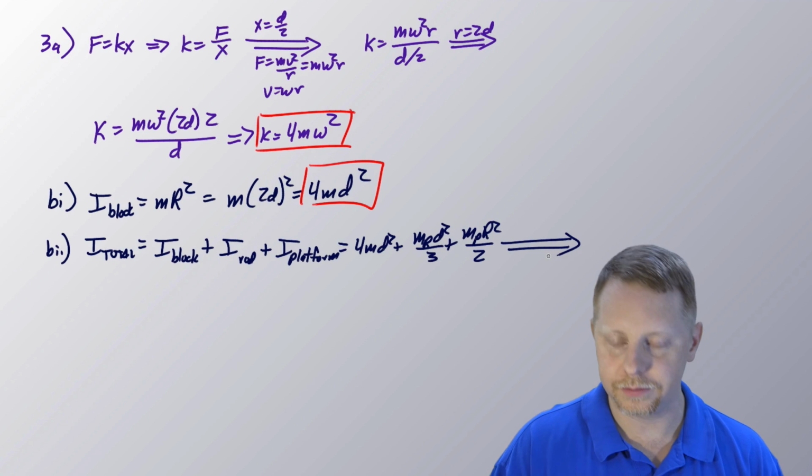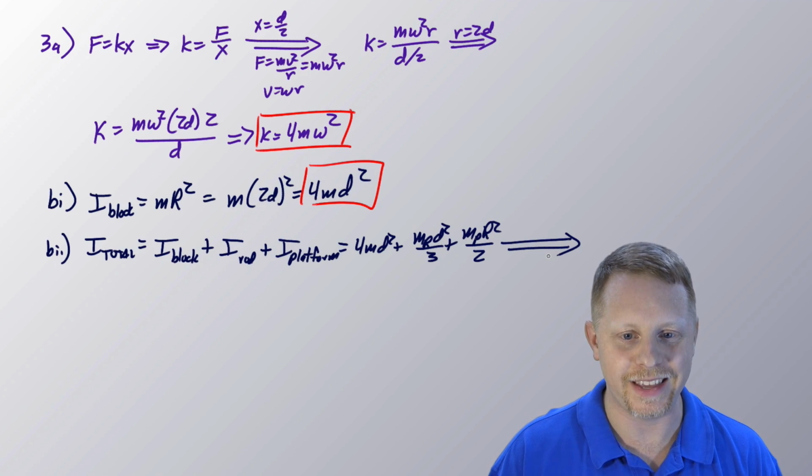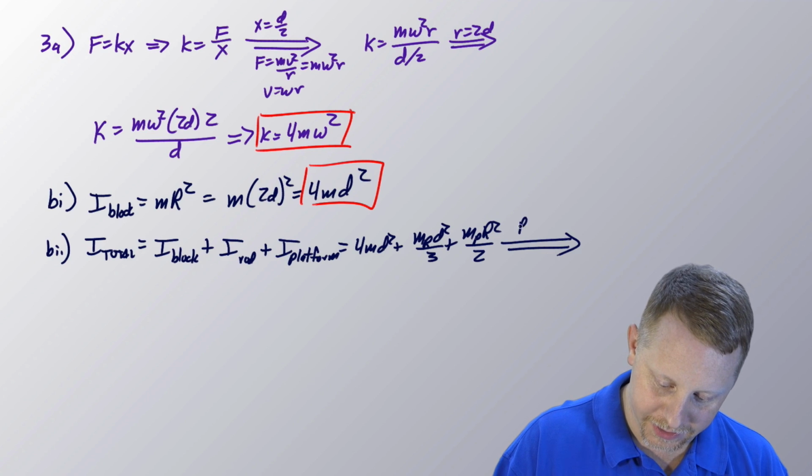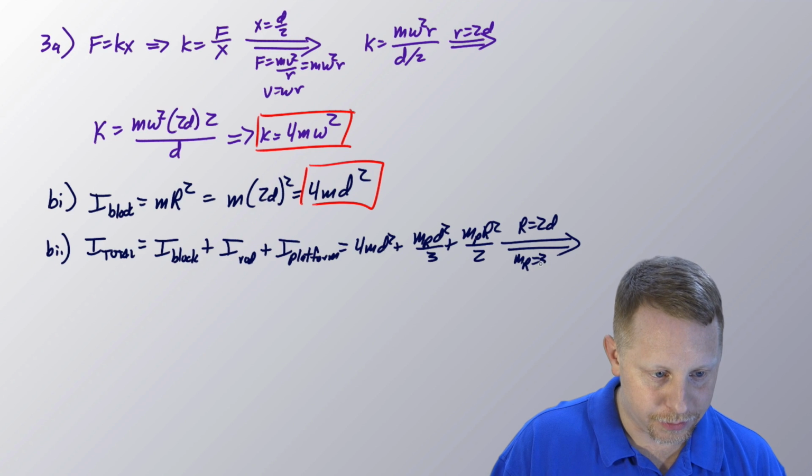And we've got some conversions here because we know mr is 3m, mp is 5m, and r is 2d. Let's write those down here. R is 2d, mr equals 3m, mp equals 5m.